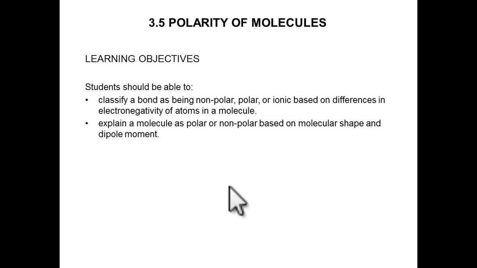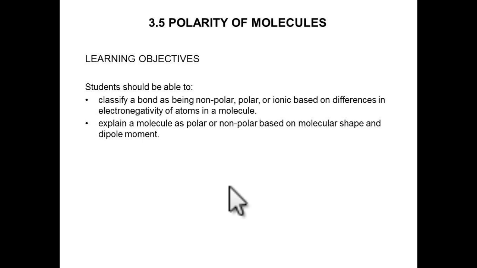This is our learning outcome: we are going to classify a covalent molecule as non-polar, polar or ionic based on the difference in electronegativity of the atoms in the molecule.